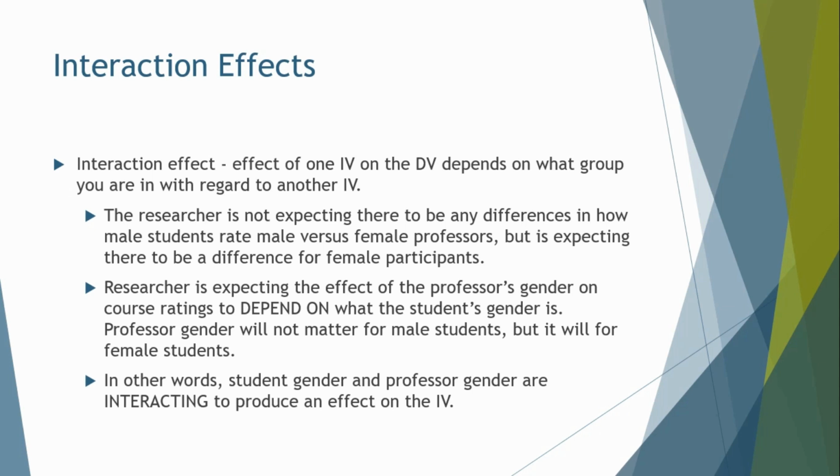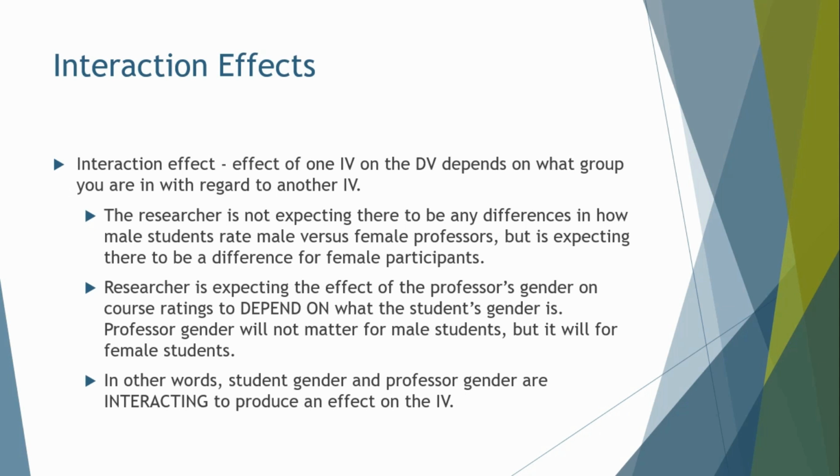Now, interaction effects, that is the effect of one IV on the dependent variable when that depends on the other IV, okay? So let me say that one more time. The effect of one independent variable on the DV depends on the other independent variable, okay?